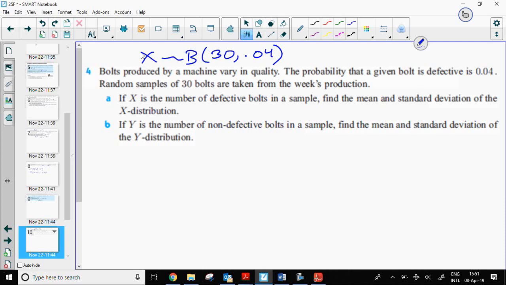So knowing that, the mean and the standard deviation of this distribution, the mean is then just going to be 30 times 0.04, and then the standard deviation will be the square root of 30 times 0.04 times the probability of failure, which is 0.96.